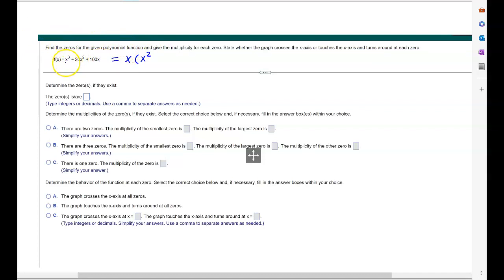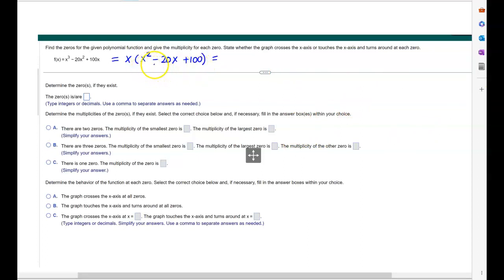The first term becomes x squared, the second term becomes minus 20x, and the 100x becomes plus 100.